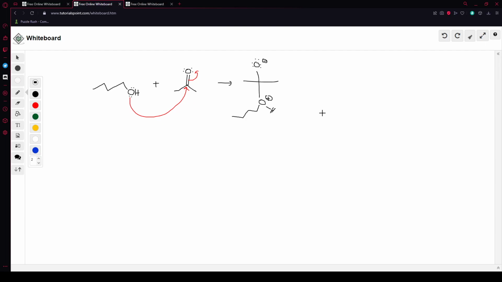And then we are going to do the same thing that we did with nitrogen, where we have an acidic reaction, an acidic aqueous solution, and this can also happen in basic solutions.